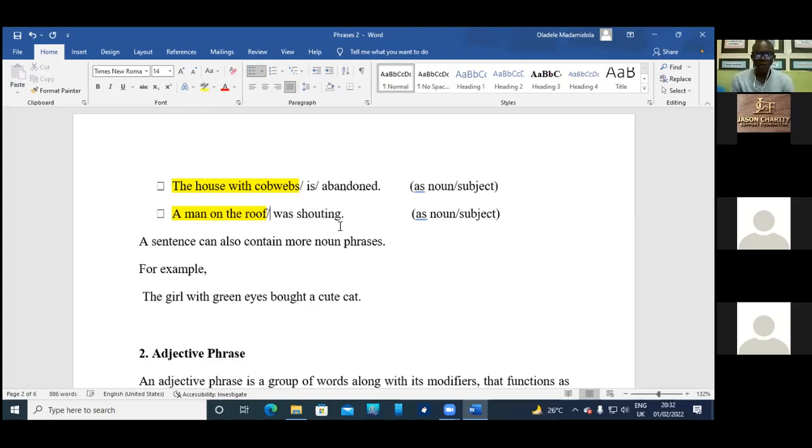If you ask for the function of this noun phrase, it functions as the subject of, see, this is not just a verb, but this is a phrasal verb, was shouting. So it will function as the subject of the verb phrase was shouting.